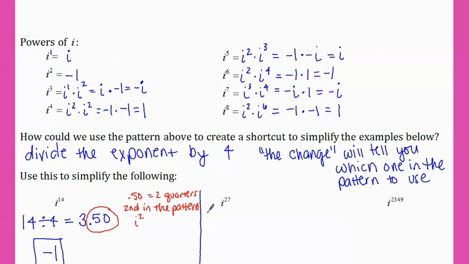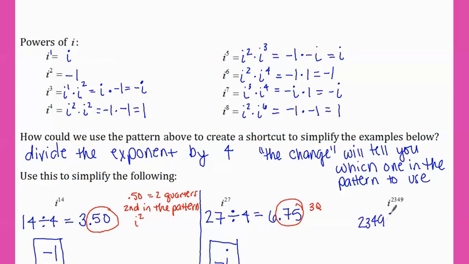i to the 27th, so take 27 and divide by 4, and you'll get 6.75. 75 cents is 3 quarters. The third thing in our pattern was i to the third, which equaled negative i. So i to the 27th will also equal negative i. i to the 2,349th.